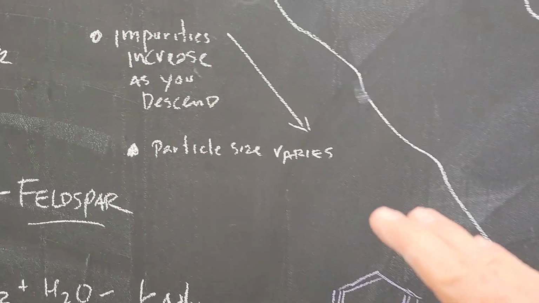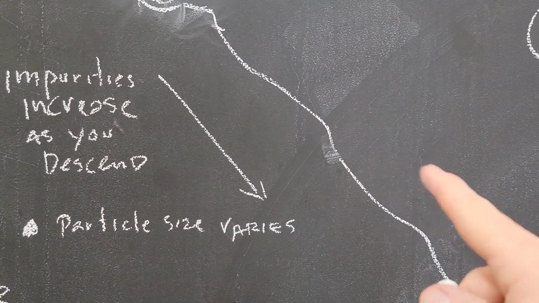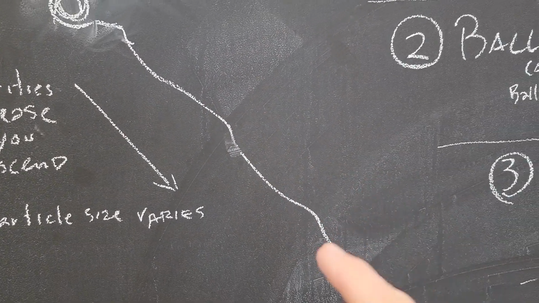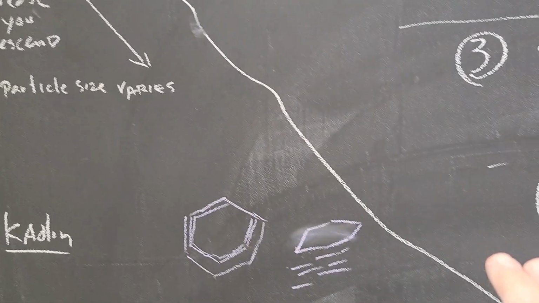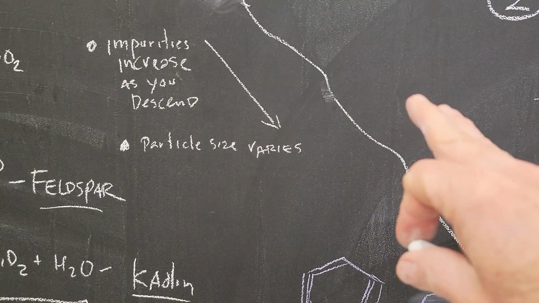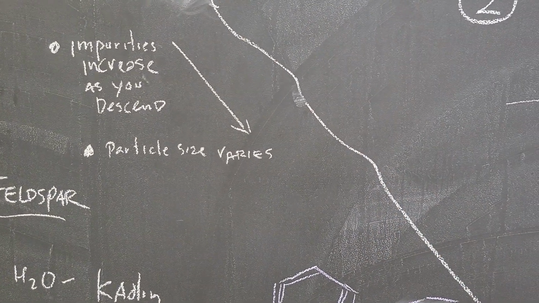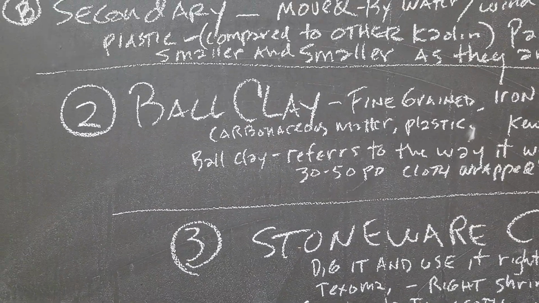But the particle size, as it rolls down there, is breaking up and becoming smaller and more rounded. Sometimes as you get down here into fire clay, particle size might increase. But generally speaking, we're thinking of it as decreasing and becoming smaller and more eroded.